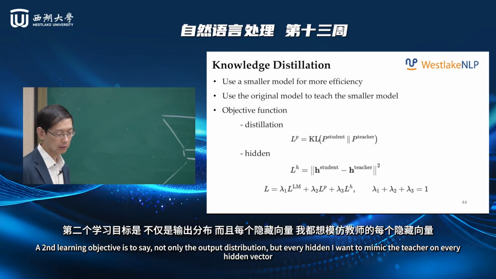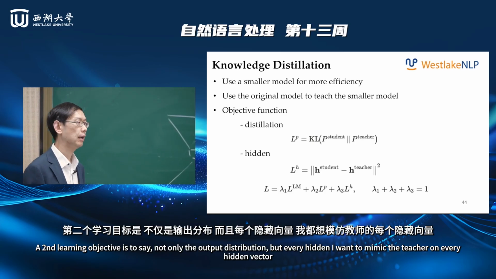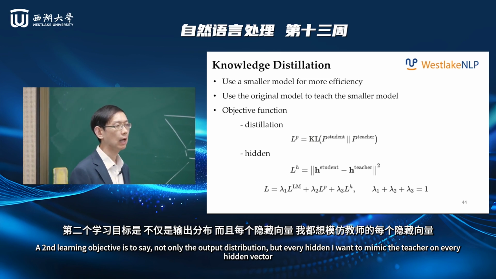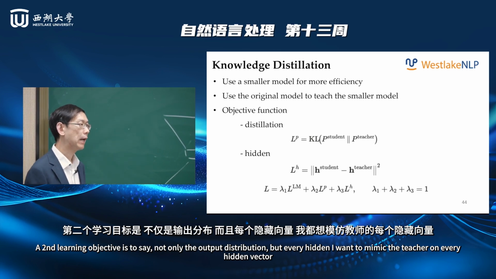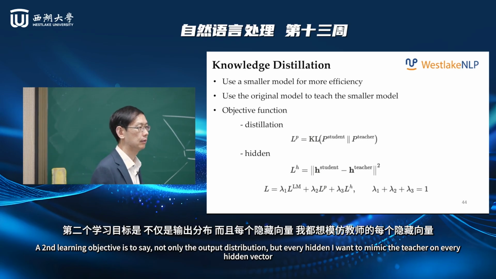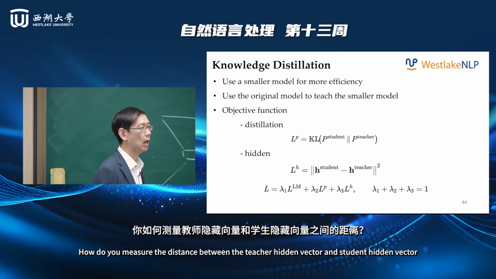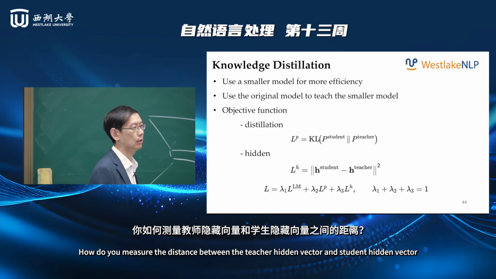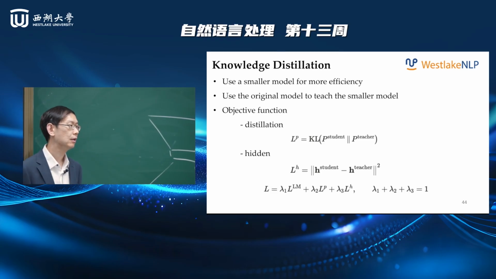A second learning objective is to say, not only the output distribution, but I want to mimic the teacher on every hidden vector. Now, how do you measure the distance between the teacher hidden vector and the student hidden vector?